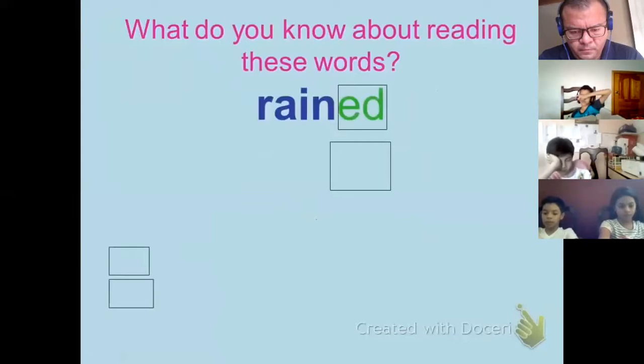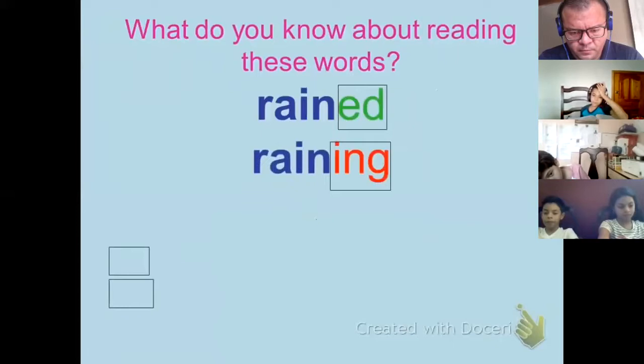We have the root word rain, and we add ed to show its past tense, rained. We have the word raining. There is the root word rain. We add ing to show present tense, raining. We did not have to change anything in any of the letters to add those particular endings.